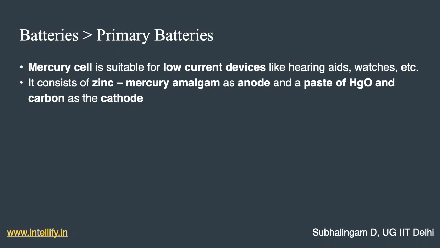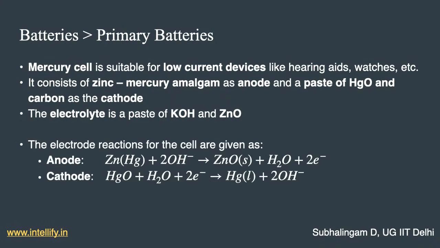So what's the cathode and anode for the mercury cell? Anode is zinc mercury amalgam and cathode is a paste of HgO and carbon. The electrolyte is a paste of KOH and ZnO. So we have seen anode, cathode, and the electrolyte.